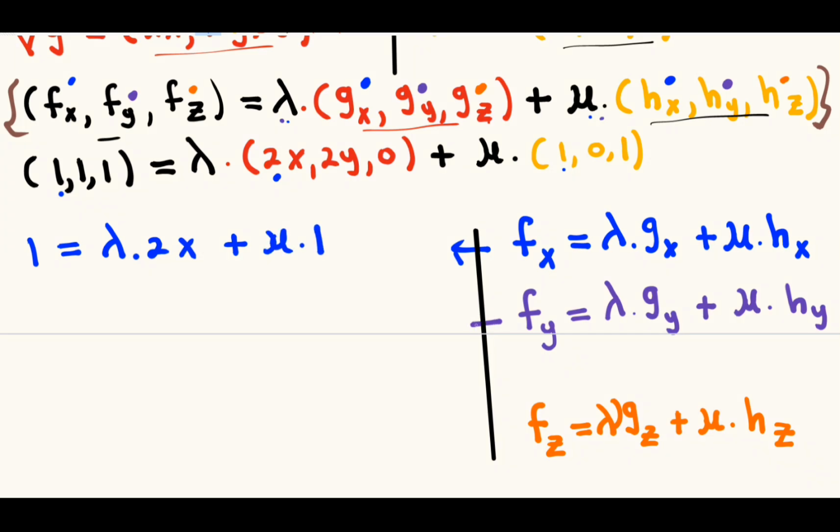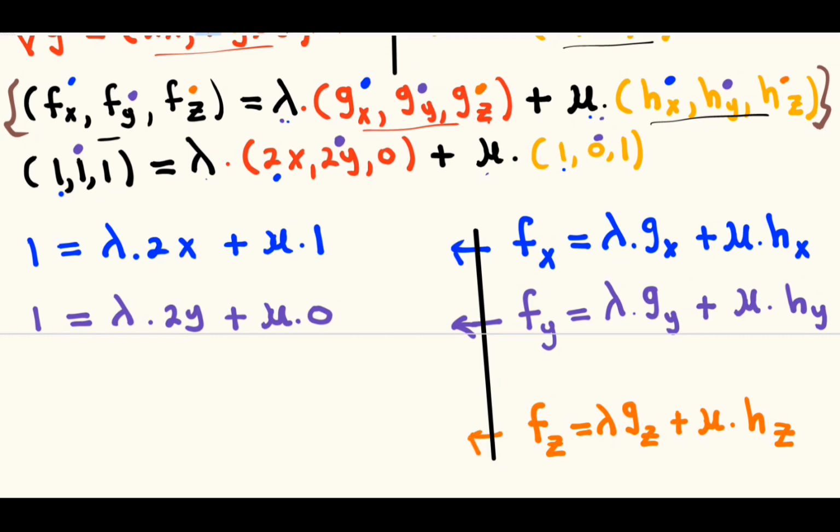And inside the y component, we have the 1, the 2y, and the 0. So this will be 1 will be equal to lambda multiplied by 2y plus mu multiplied by 0.